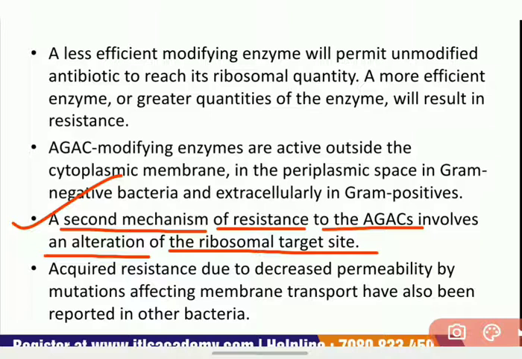In mycobacteria, which possess only one ribosomal RNA operon, mutations in the gene coding for 16S rRNA also inhibit binding of the drugs.